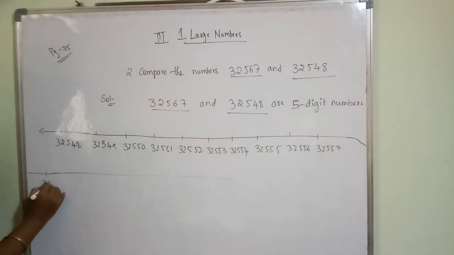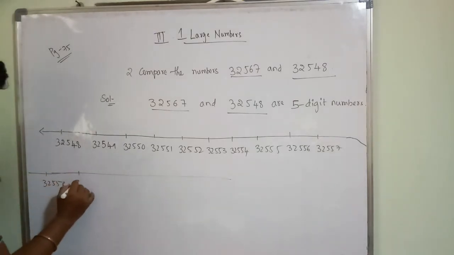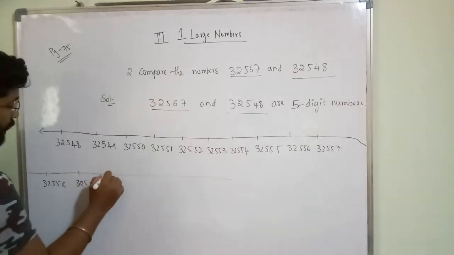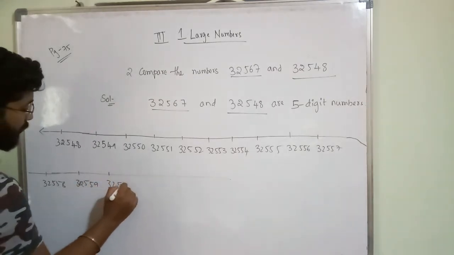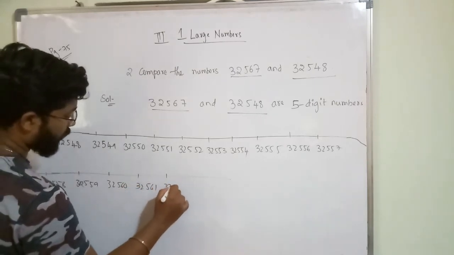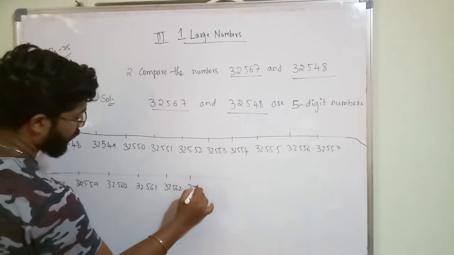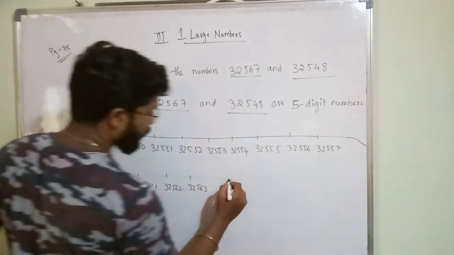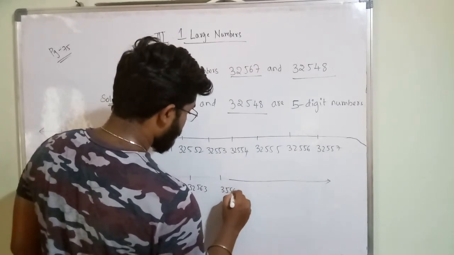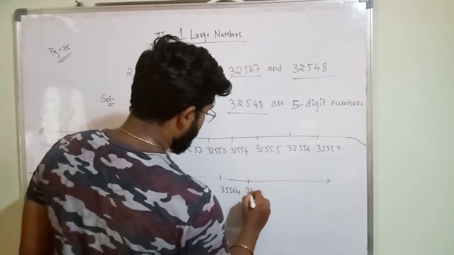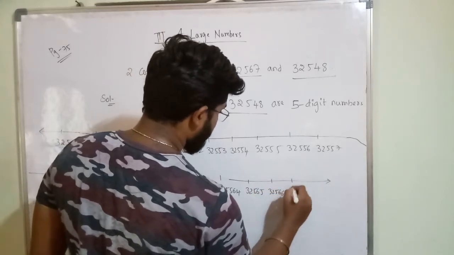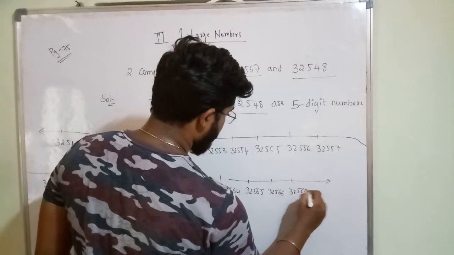32,558, 32,559, 32,560, 32,561, 32,562, 32,563, 32,564, 32,565, 32,566, 32,567, 32,568.